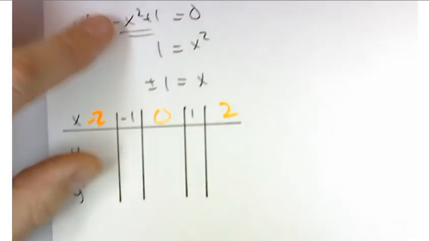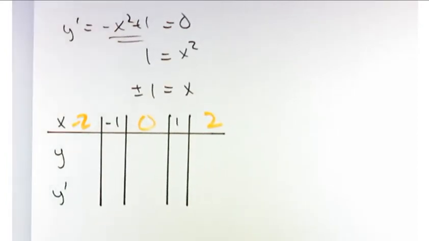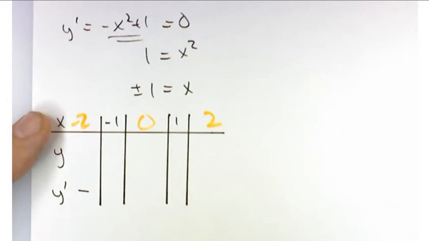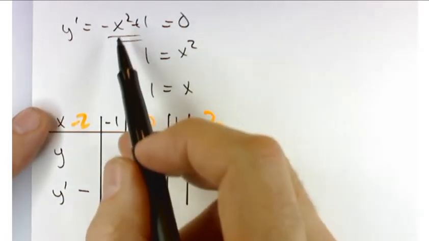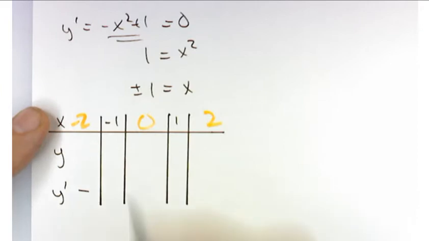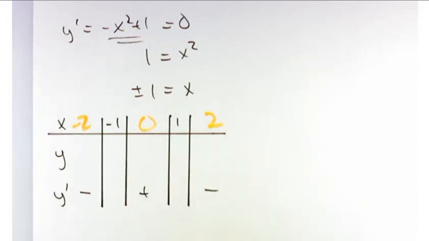Be careful, you have to square that. Negative 2 squared is 4, and then take its opposite. So you get negative 4 plus 1. It's negative 3, but the important thing is that it's negative. Pretty easy to test 0. What do we get when we plug in a 0? Yeah. So negative, positive, and then negative again.